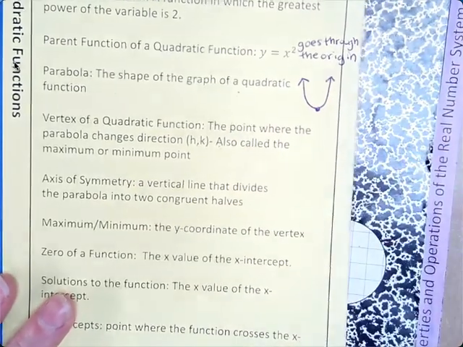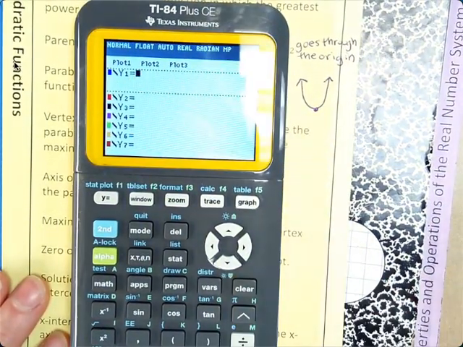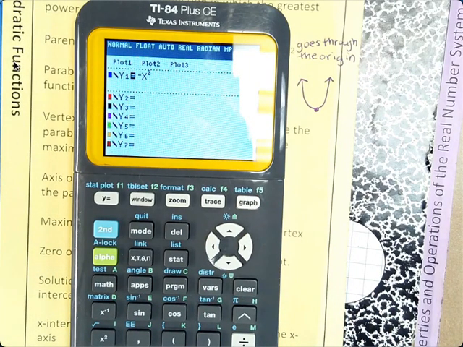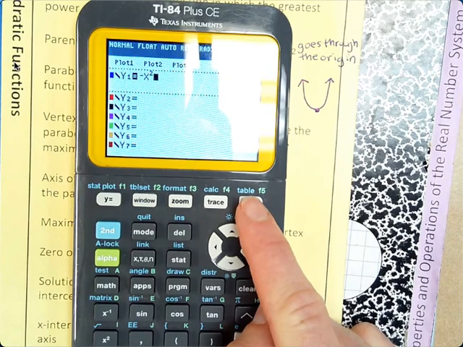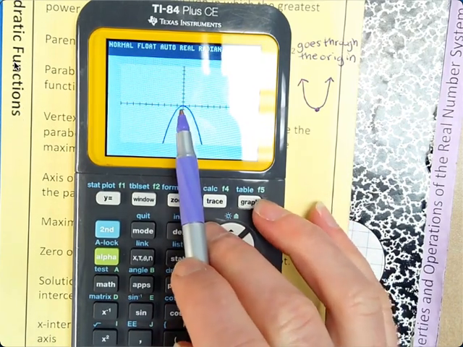What if we had, I'm going to have you change this, clear it, and put negative x squared. What do you think that's going to do? Make it go downward, like an N. So put in negative x squared. Let's hit graph. It also goes through the origin, but it's going downward.